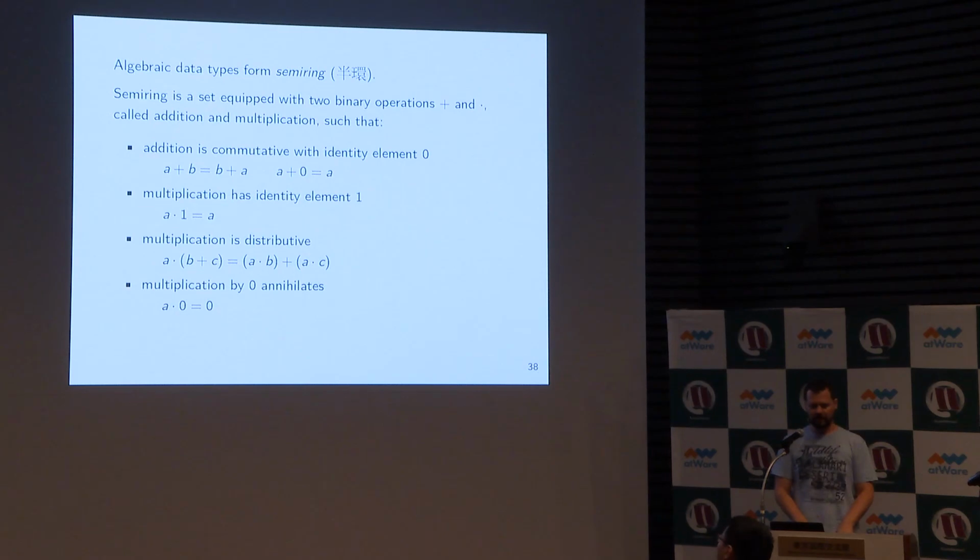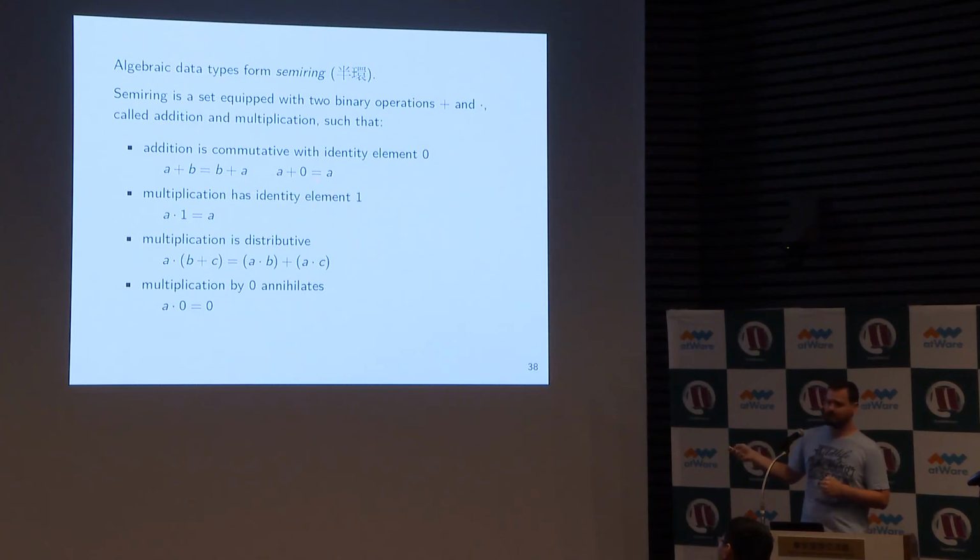Algebraic data types form a so-called semiring. It's hankan in Japanese. A semiring is a set that has 2 binary operations, addition and multiplication, and a set of laws.